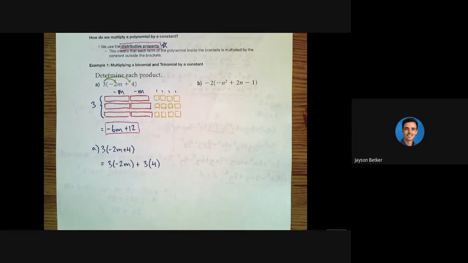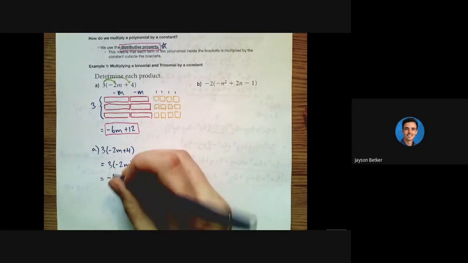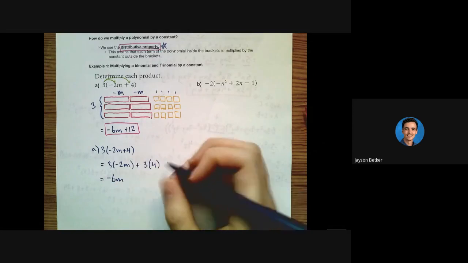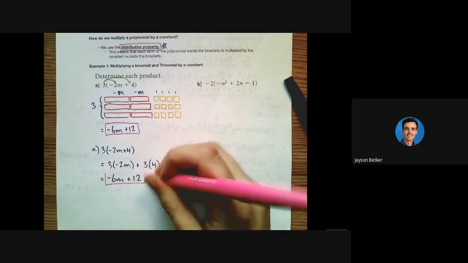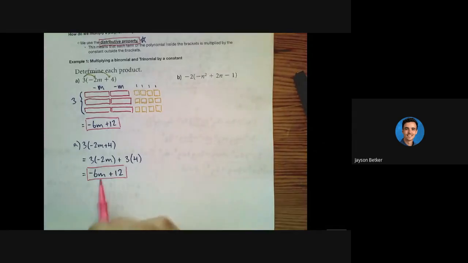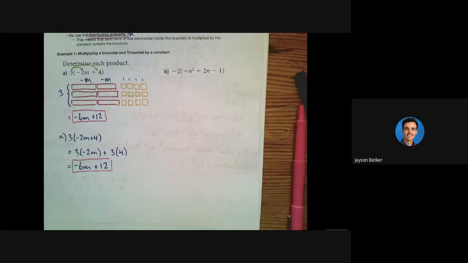And then 3 times negative 2, that's negative 6. And 3 times 4, that's 12. So there's our same answer, negative 6m plus 12. There's our same answer, okay? A lot easier, a lot quicker to do it this way. So let's try to get used to doing it this way.